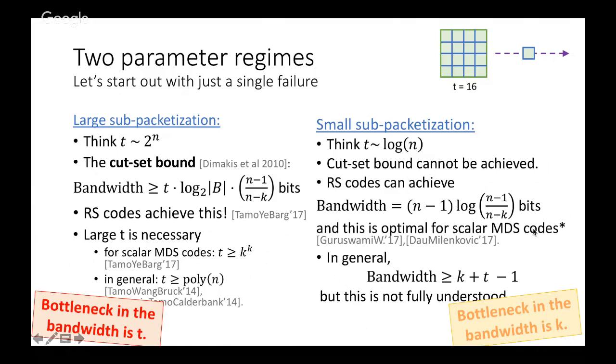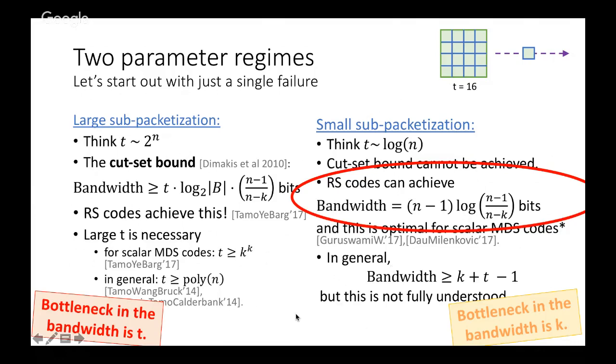With any MDS code, we're going to need to contact at least k nodes to learn anything, and so if k is much bigger than t, then k is the bottleneck. So these are the two different parameter regimes, one where the bottleneck is t, one where the bottleneck is k. For the rest of this talk, I'm going to talk about a framework that works in both of these parameter regimes, but I'll explain a little bit how to get this result for small subpacketization, where the bottleneck is k.